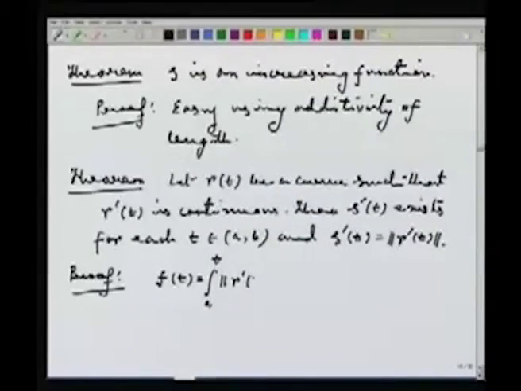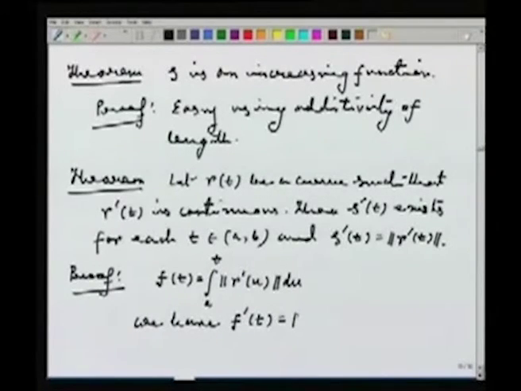Well, I will make a slight change because what I mean here is norm r prime u du, because t is the limit. Well, then by the fundamental theorem, we have f prime t equals norm of r prime t. This is by the first fundamental theorem of calculus.